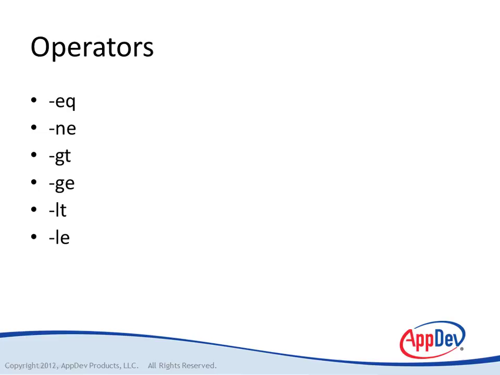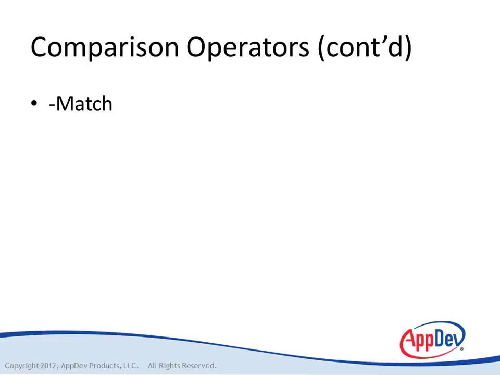And these are all pretty straightforward, but it starts getting confusing when we start talking about string and array comparison operators. So the next one is like. And like is used to compare two strings to see if they are like each other. And like is typically used with wildcard characters in order to specify what the match is. Of course, there is an inverse of this, which is not like. Confusingly, there is also one called match.